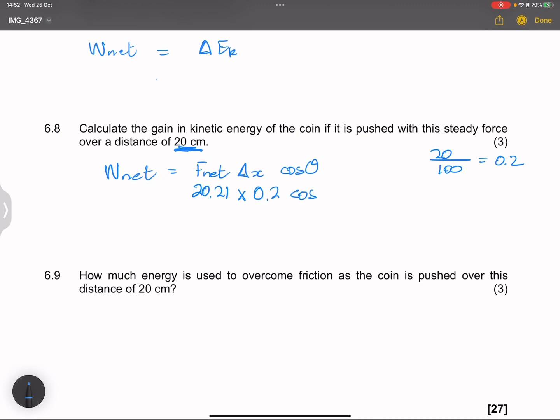Now, please, I want you guys to note, as I've taught in the past, the angle theta would always be the angle between direction of motion and the force in question, right? In this case, we're talking about the net force. We found it to be positive, so which means it's in the direction of our motion, right? And in this case, the displacement is also in the same direction, so that will be cos of 0, right? The angle between those will be 0.